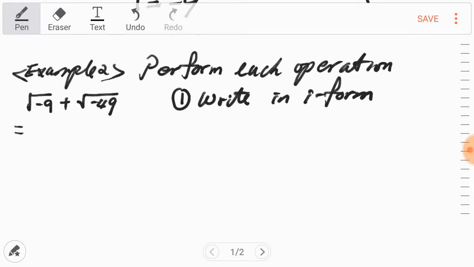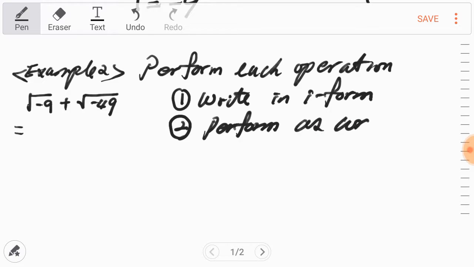And then perform the operation, combining like terms.